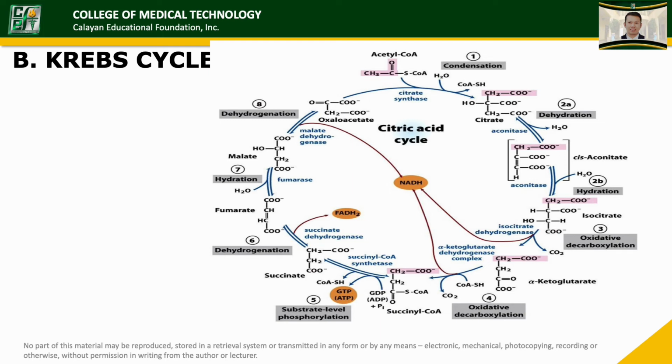So there's condensation, and then you have dehydration, and then hydration, oxidative decarboxylation, oxidative decarboxylation again, then substrate level phosphorylation, dehydrogenation, hydration, dehydrogenation. That's why it is a cycle, or citric acid cycle, because it is a continuous loop of reactions.